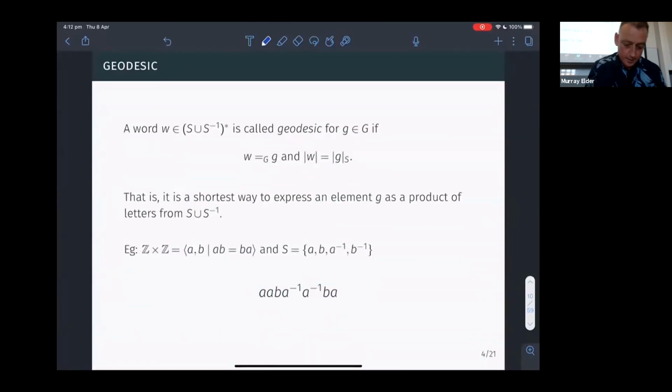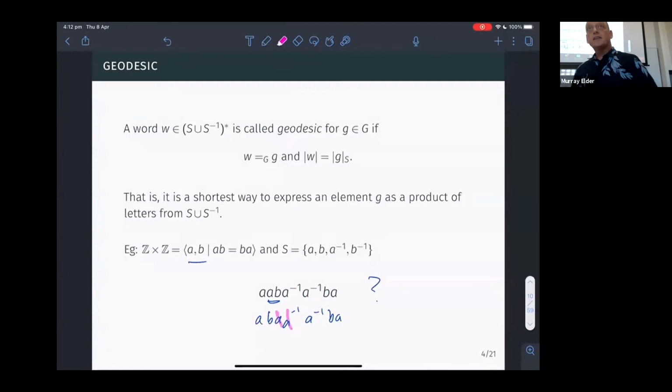So here's Z times Z generated by a and b. Is this a geodesic? Is that the shortest possible way to write it? Well, a and b commute, so I can do a, b, a inverse, b, a. So the answer is no, it's not a geodesic because that cancels, and I can continue.